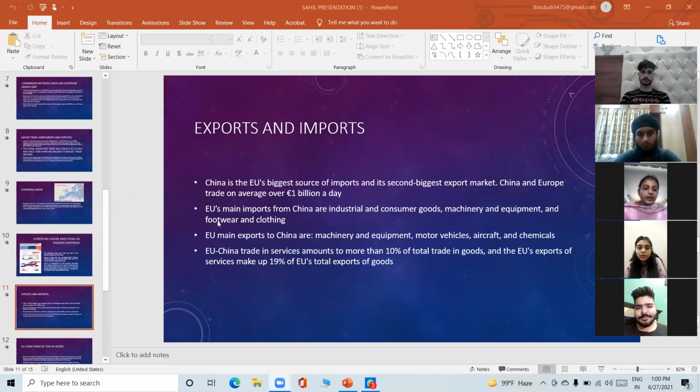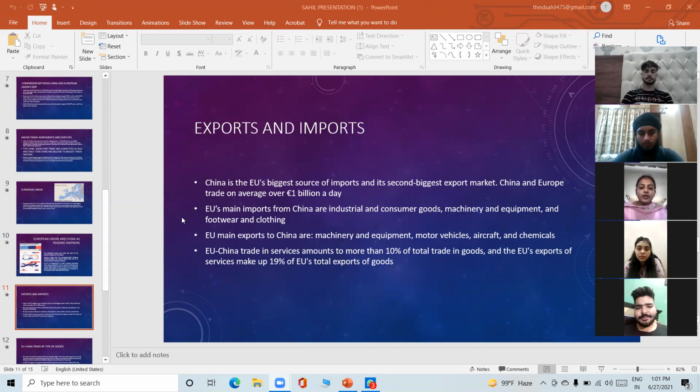Okay, the second is exports and imports. China is the European Union's biggest source of imports and its second biggest export market. China and Europe trade on average over 1 billion a day. The European Union's main imports from China are industrial and consumer goods, machinery and equipment, and footwear and clothing.